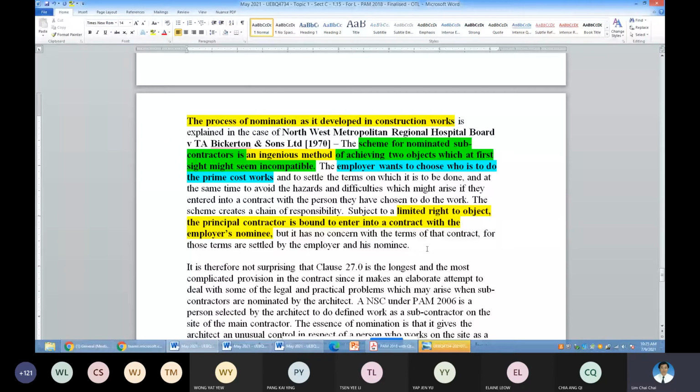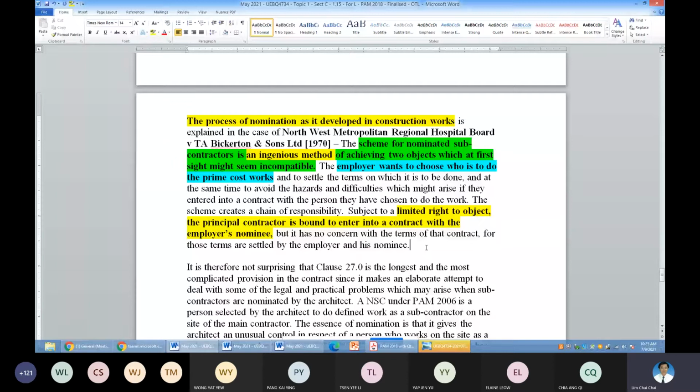But once you didn't object, at the end of the day, you cannot blame the employer for engaging the NSCs that cannot perform well. The problems, the headache belong to the contractor and no more to the employer or to the consultants. The contractor cannot raise this ground to say that my project is delayed and everything because you forced me to take in the stupid NSCs, non-skillful NSCs and so on.